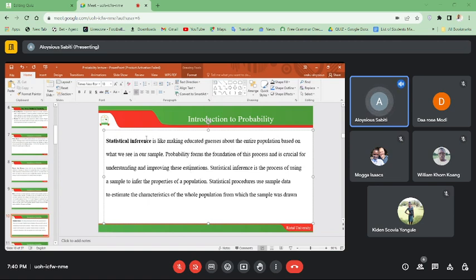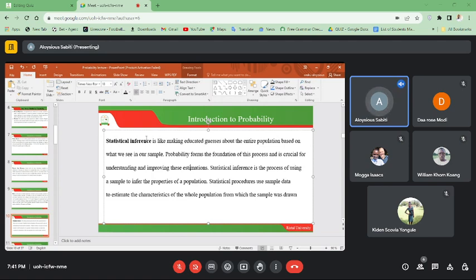Probability forms the foundation of this process, and it is crucial for understanding and improving estimations. Statistical inferences are just a process of using a sample to make a decision on the properties of a population.